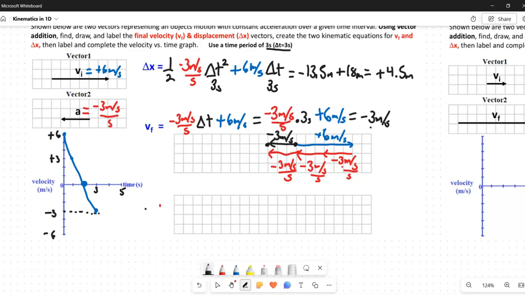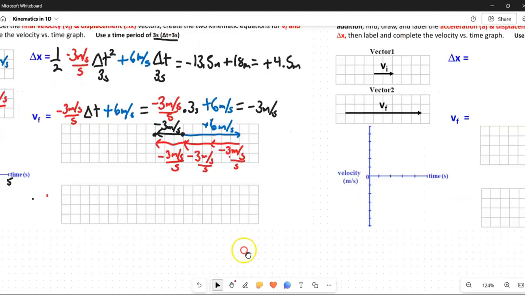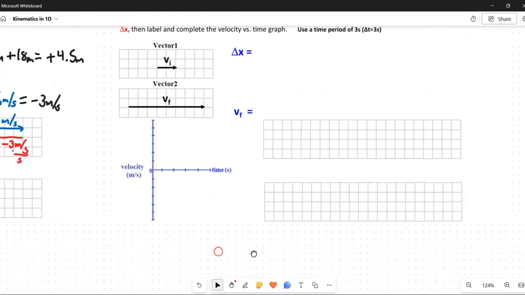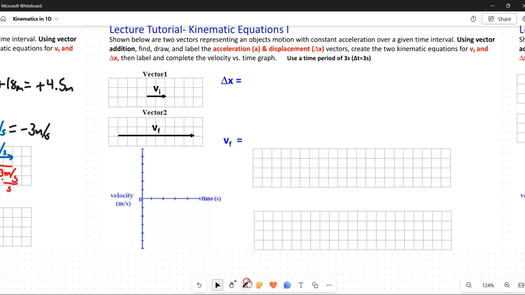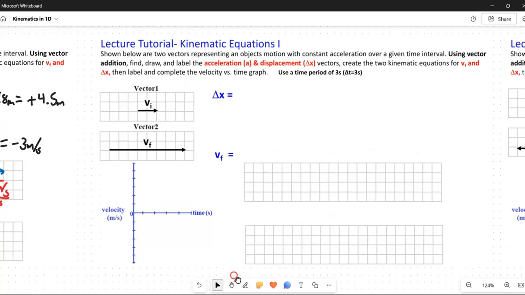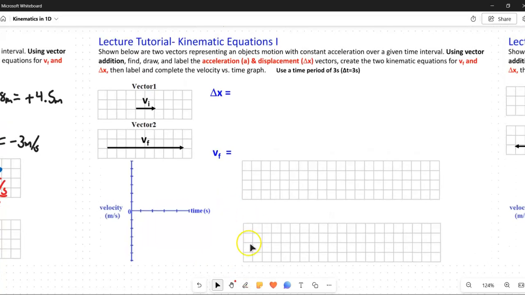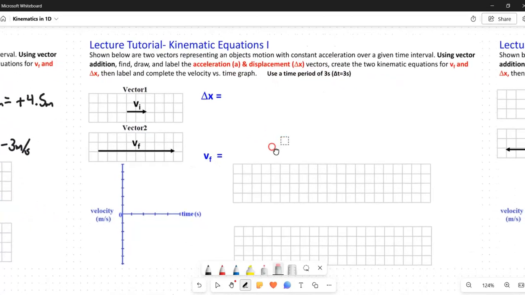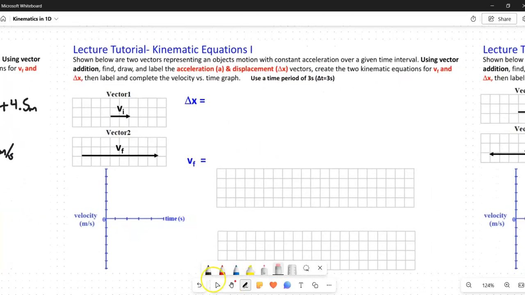Okay, let's try another one. This is what you do if you have an initial velocity and a final velocity. It looks like we have an initial velocity vector right here of positive 2 meters per second.